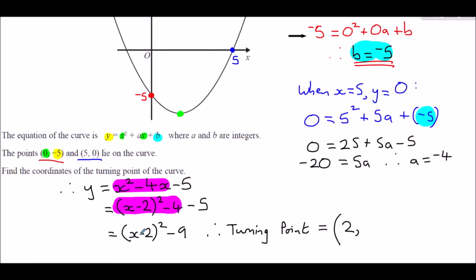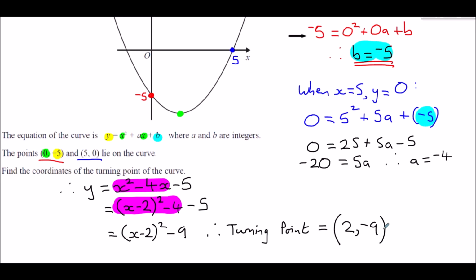When x is 2, we get 2 minus 2 all squared, which is 0 squared, which is 0. So y would then be nothing squared, nothing, minus 9. Nothing minus 9 is minus 9. With enough practice, you can just see, if you've got it in completed square form, the coordinates of the turning point is this number here with its sign switched.